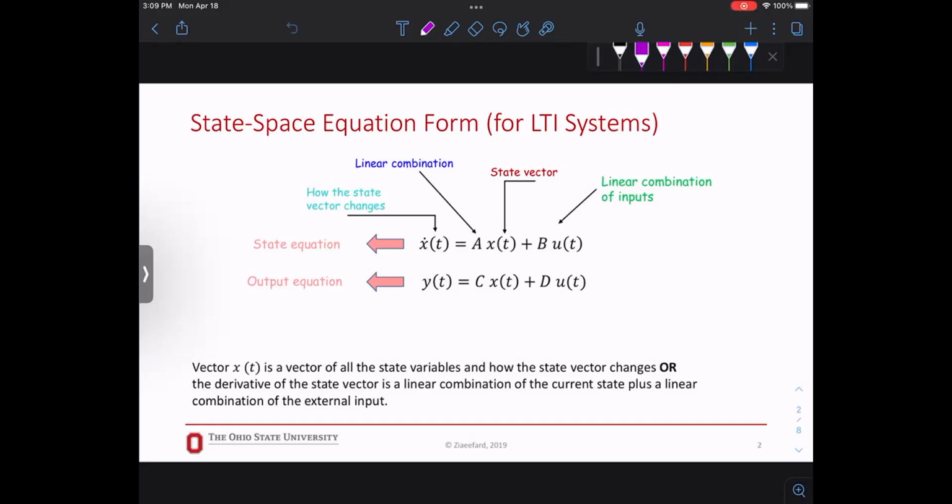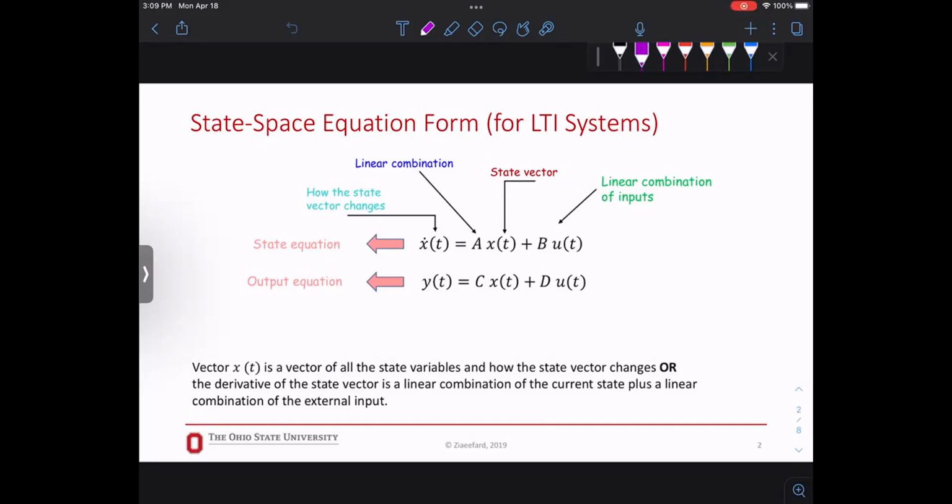Measurement is literally a sensor. So the second one is your output equation. It could depend on your input, but most of the time we assume the D matrix is 0, so there's no feed forward from our input. Usually y equals C times x, with x being your state variable.